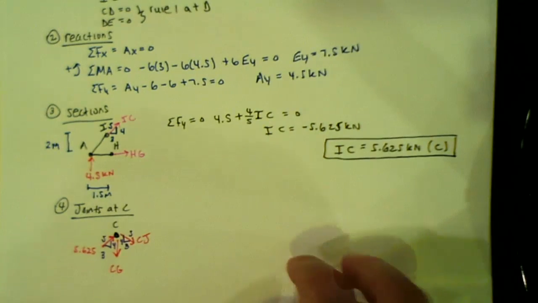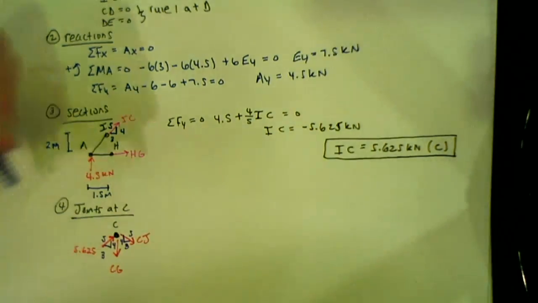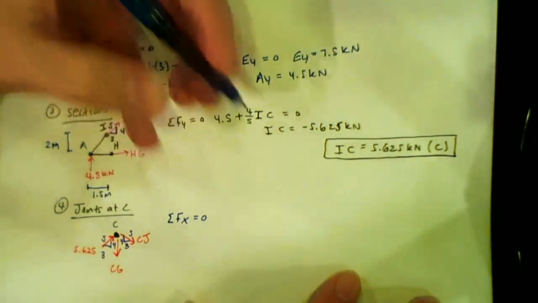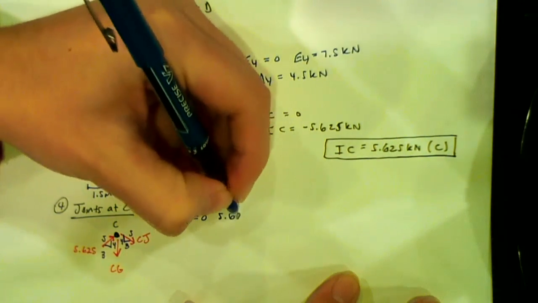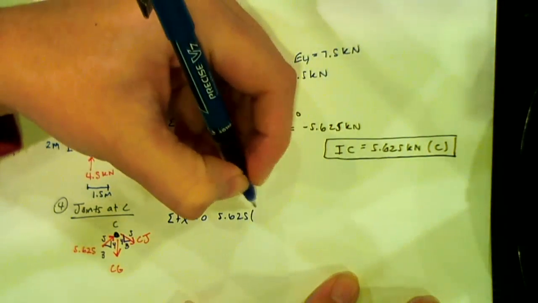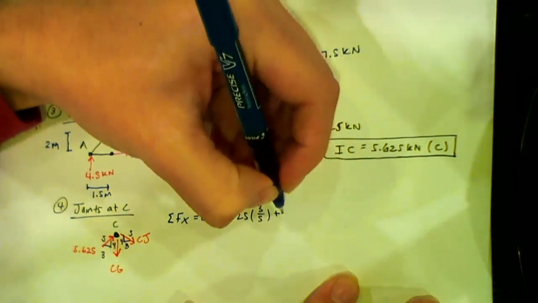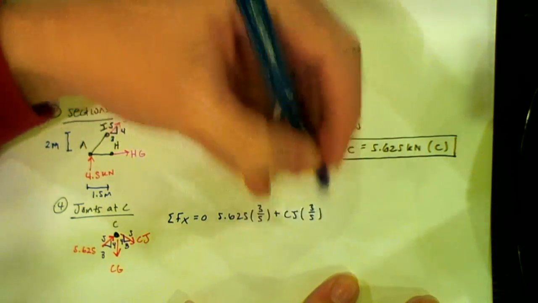So now, this one, I can't get away with not solving for the other one. I have to use 2 equations. So if I do sum of forces in X equals 0, I have 5.625 times 3 over 5. Then I have plus CJ times 3 over 5.